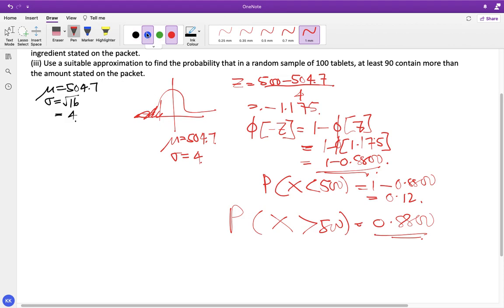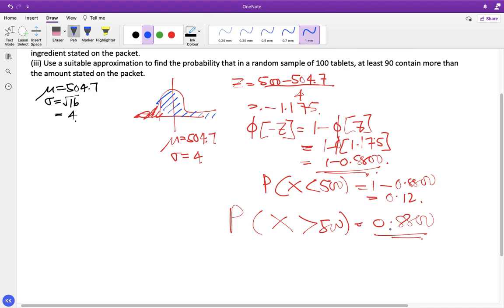The question requires finding more than 500, so we find the area to the right. It's just 0.8800. You don't have to subtract. That's the answer.